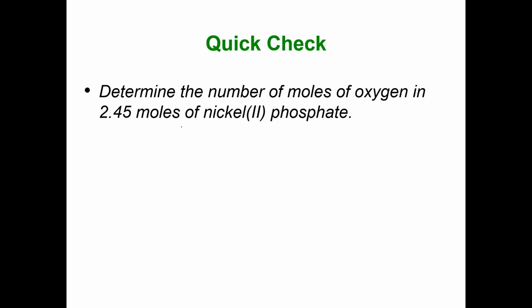So can we determine the number of moles of oxygen in 2.45 moles of nickel(II) phosphate? So nickel(II) phosphate, right? PO4 3 minus, you're going to crisscross. So again, I crisscross.